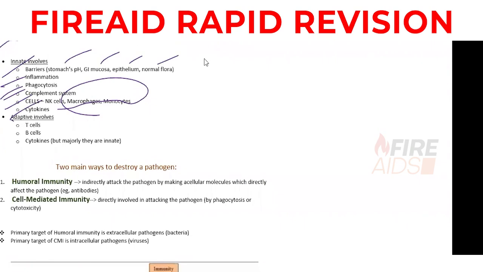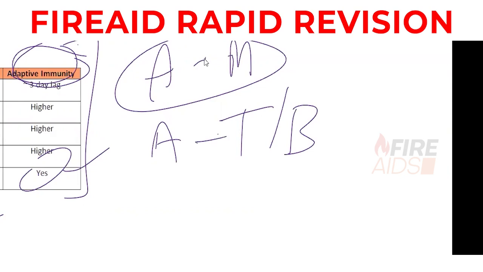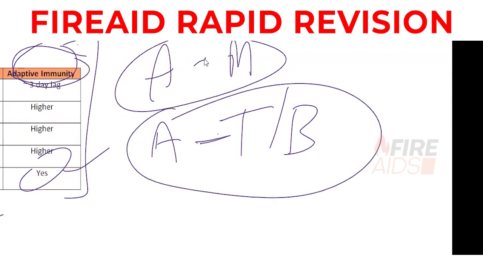Some cytokines are innate, but very few are adaptive, so let's take cytokines out of adaptive. Adaptive means you need to remember T cells and B cells. That's the second point. Adaptive means memory, that's the first point. Adaptive means T or B cells, that's the second point. Anything other than T and B cells is going to be innate immunity.